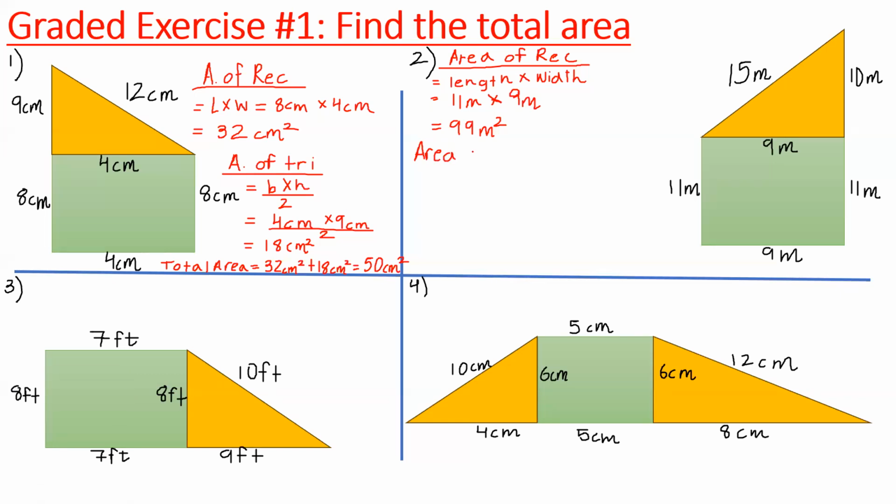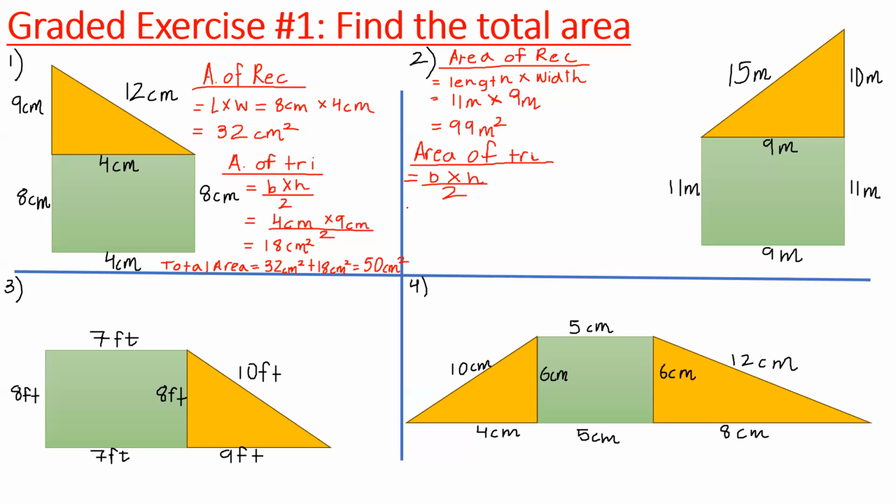You say area of what? The triangle. Triangle, very good. That's going to be equal to base times height over 2. Very good, base times height divided by 2.